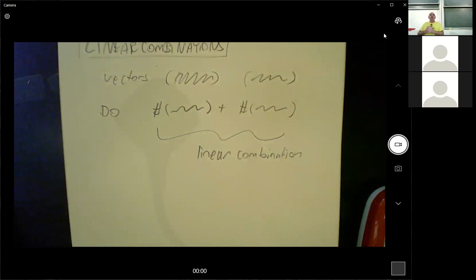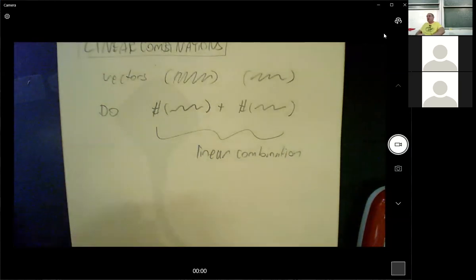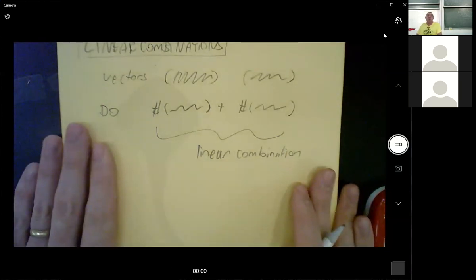It's a fancy word for just the thing that vectors are designed to do. The only reason we're allowed to call them vectors is because they do addition and scalar multiplication. That's what vectors are, things that do that. And so a linear combination is a combination of both of those things, addition and scalar multiplication. And this is the heart of pretty much everything in this course.